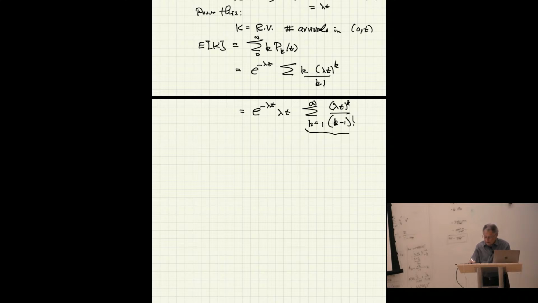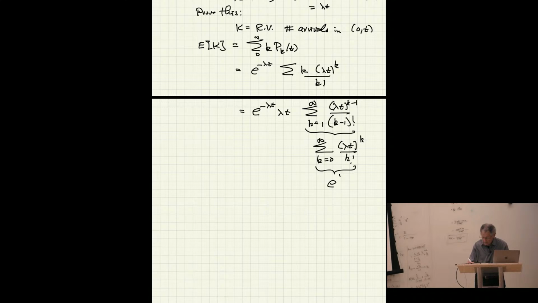In this sum, replace k by a new variable that starts at 0. I'll call it k again for fun. From 0 to infinity of lambda t to the k. I'm sorry, this is a k minus 1 in the equation above. I pulled one out. Lambda t to the k over k factorial. And what is that sum that I just formed?